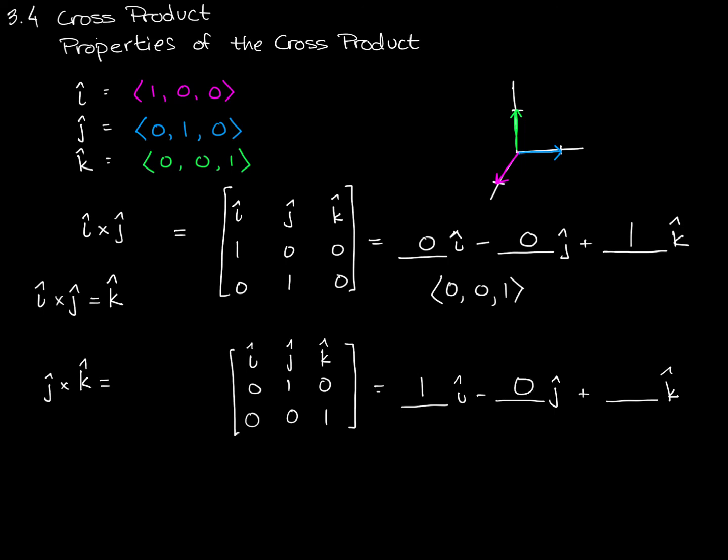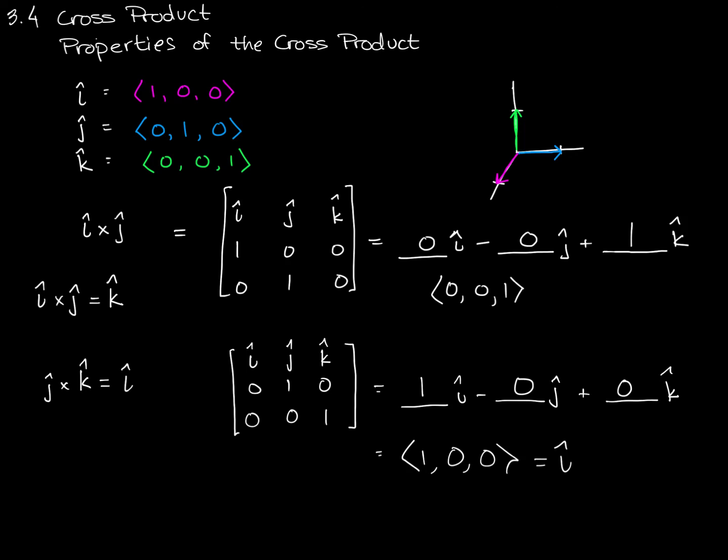And for k, cross out the column, cross out the row, and I get 0. That gives me 1, 0, 0, and that's i. So crossing any pair of standard unit vectors gives you the third standard unit vector. I think that's a really interesting result.